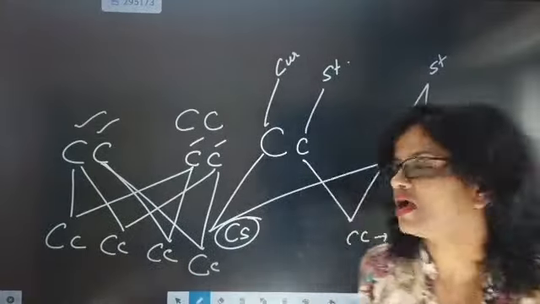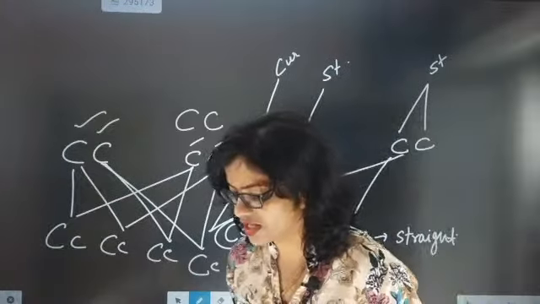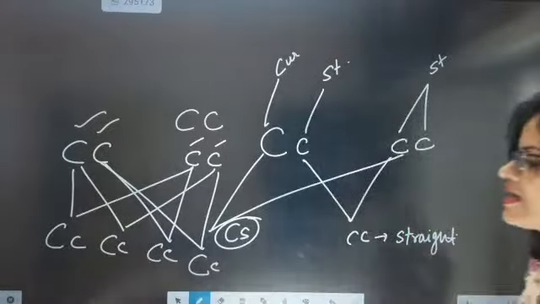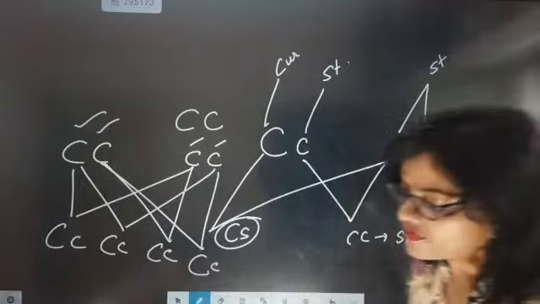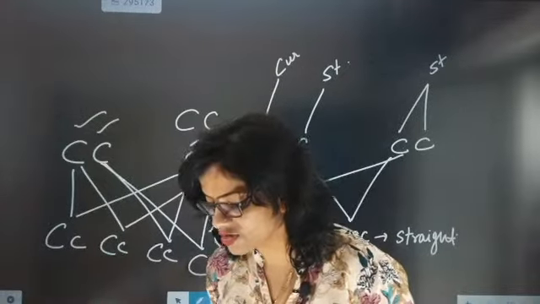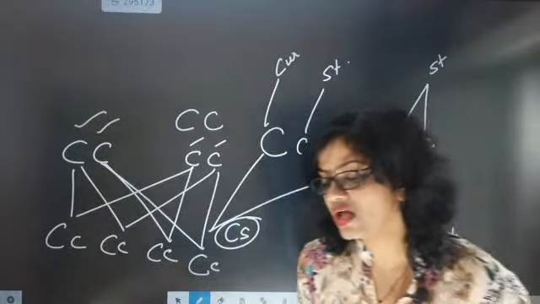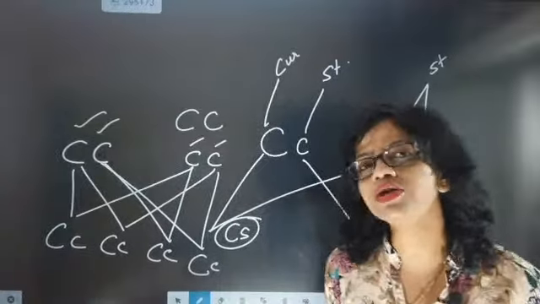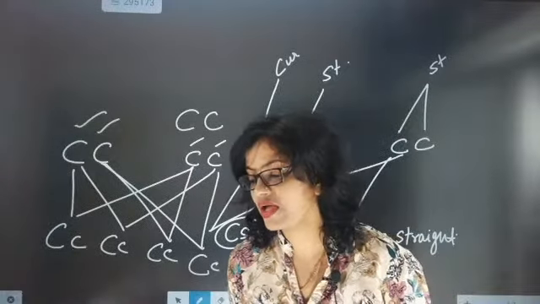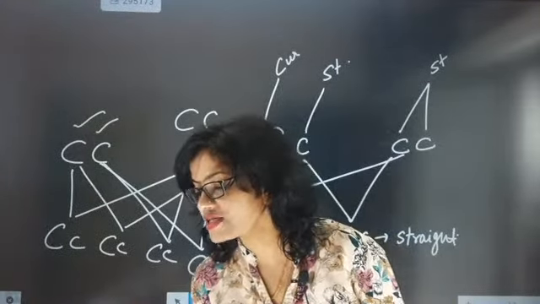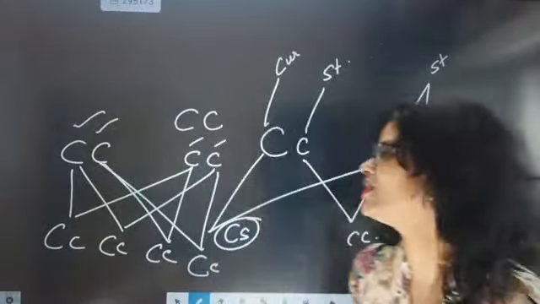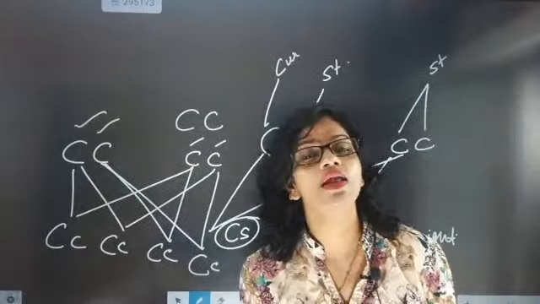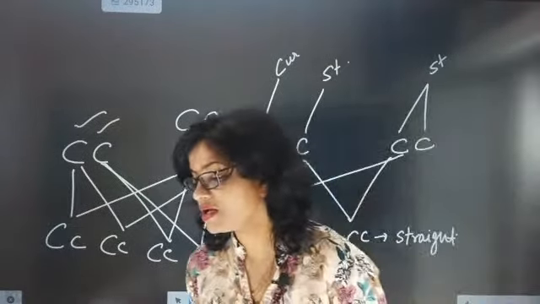Out of 4 children, how many will have curly hair and how many straight hair? All are heterozygous, absolutely. And if all are heterozygous, what could be the pattern of the hair? Are all straight?